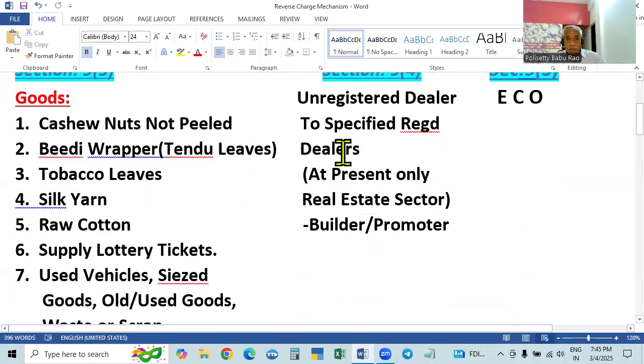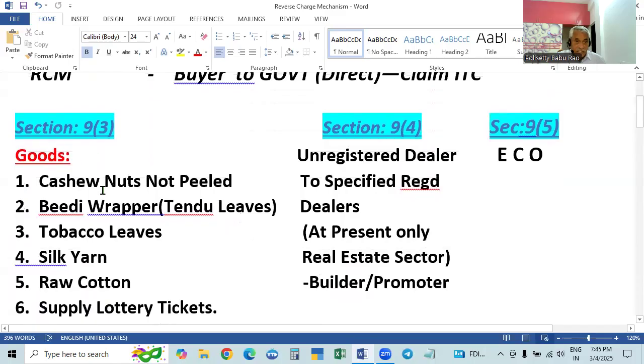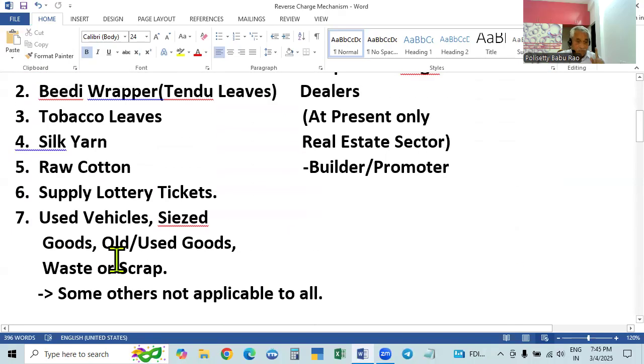Okay. And one more thing here: in the case of Section 9(3), goods or services, in both cases, the suppliers are agriculturists, government and others.